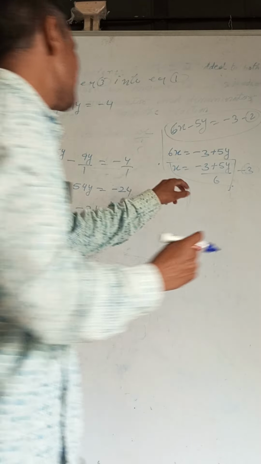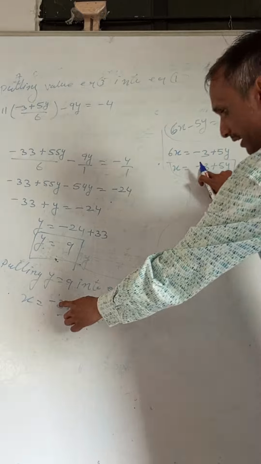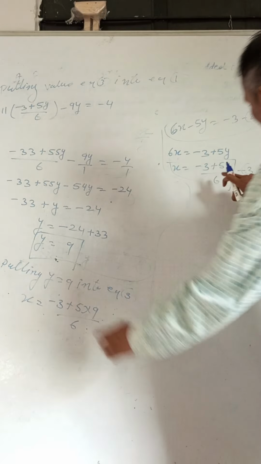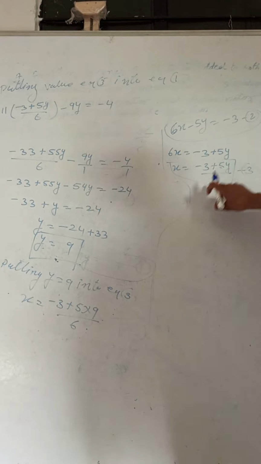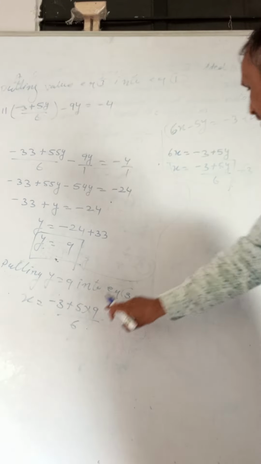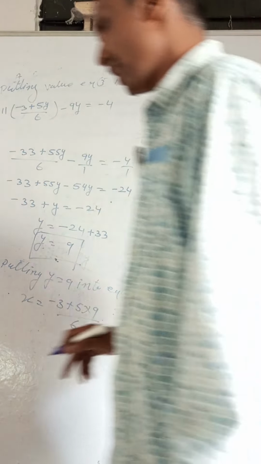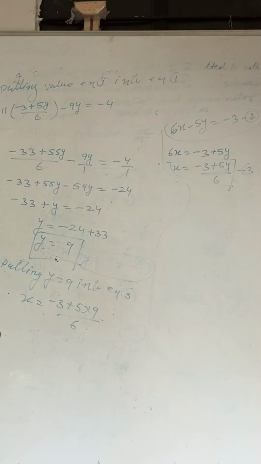Here I wrote minus 3 plus 5 into y, and in place of y I wrote 9, and by 6.